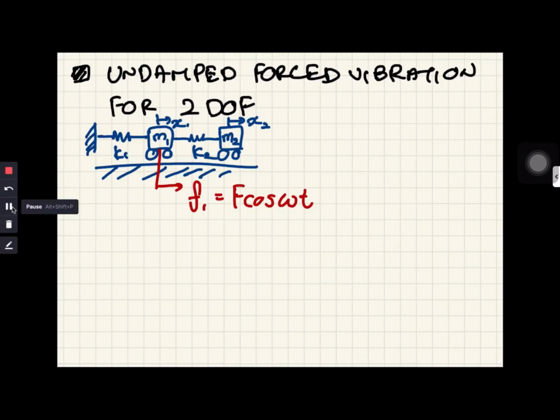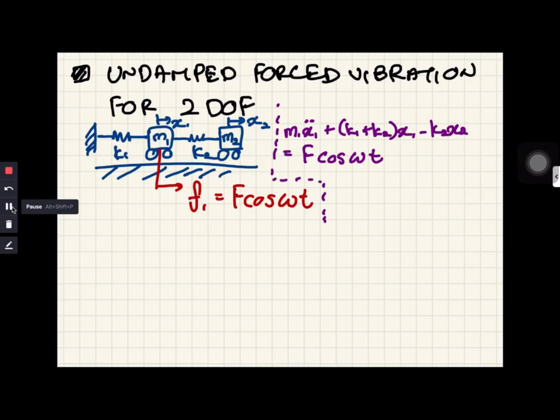Okay, so we can derive the equation of motion. The first one is m1 x1 double dot plus (k1 plus k2) x1 minus k2 x2 equals, not f0, sorry, F cos omega t. The same thing we can derive for the second equation of motion.